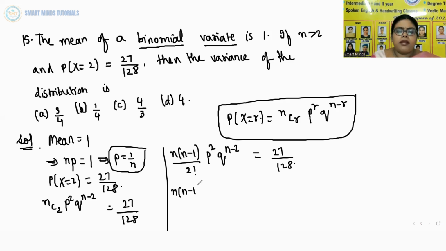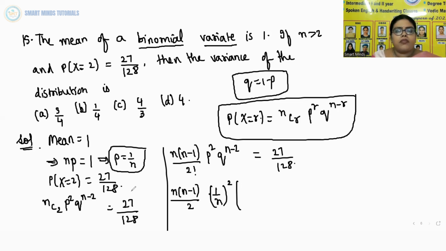So n into n minus 1 by 2. P can be written as 1 by n whole square. If P is 1 by n, then Q will be 1 minus P, no? Because if P is success, Q is failure. And a failure is 1 minus success. So that is 1 minus 1 by n whole power n minus 2 is equal to 27 by 128.